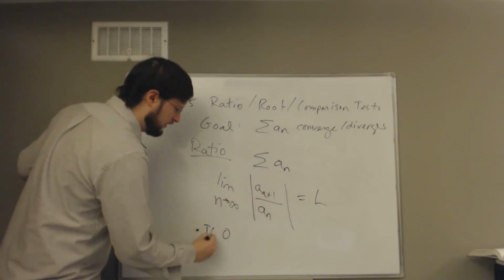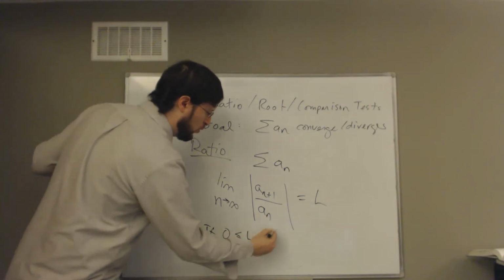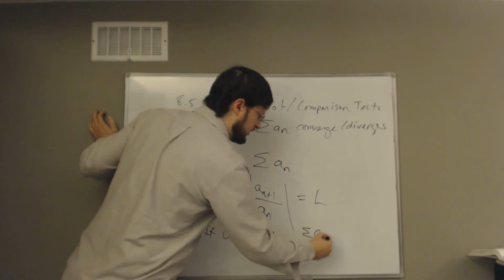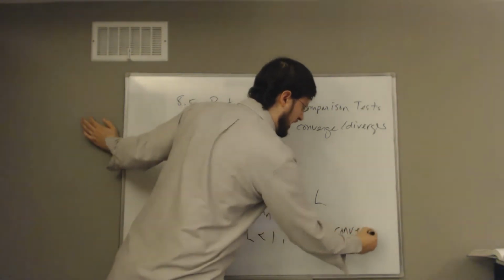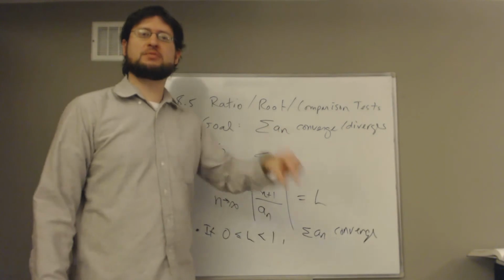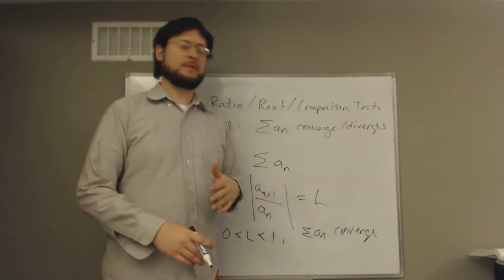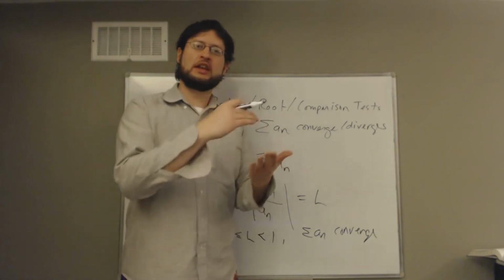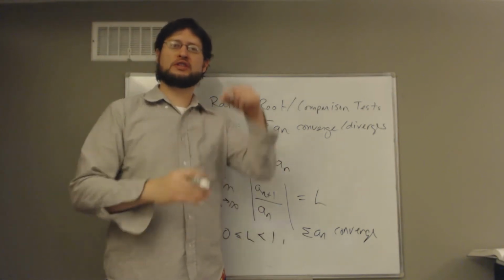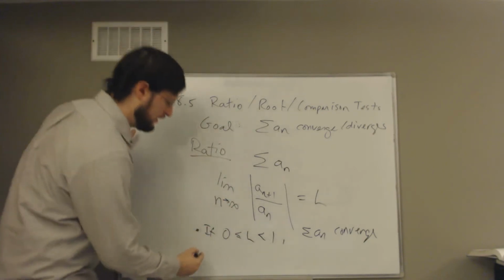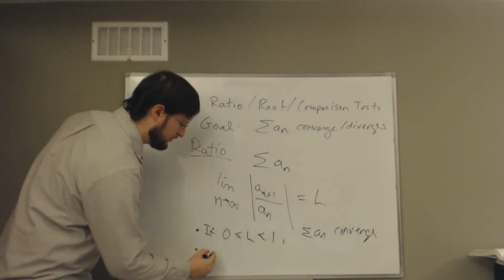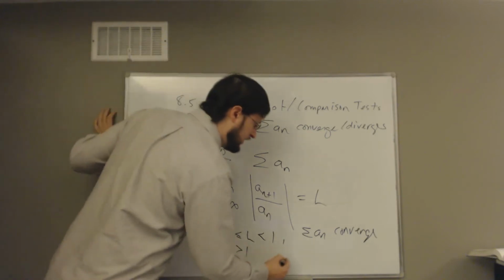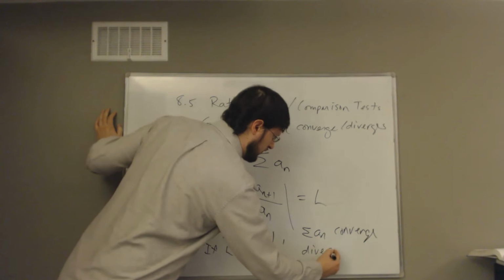If L is between 0 and 1, but not including 1, then I can conclude that the series converges. Because that means that these ratios get small, because they get less than 1. So the ratio gets less than 1, so these terms are going down quickly enough. If the limit is bigger than 1, including infinity, then it diverges.